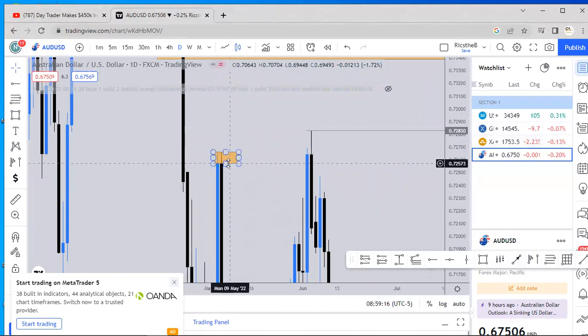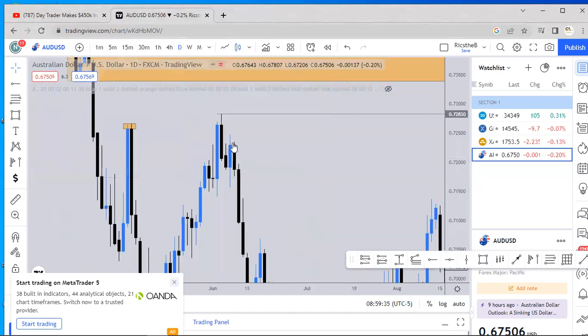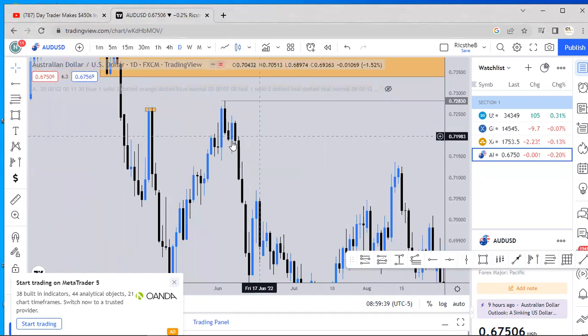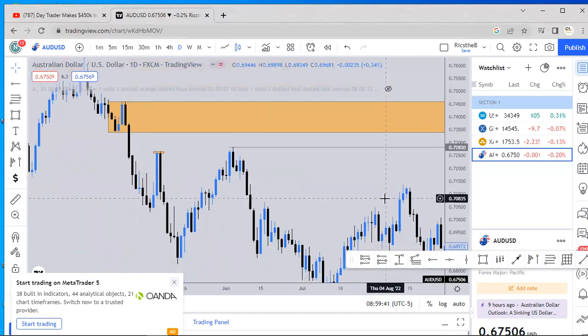This was on the same level. So this is liquidity resting here on its own, which means we still have unfinished business, and price eventually has to rally to that zone, and we can see price rallied all the way up. I believe this happened a long time ago. Then price took it away.